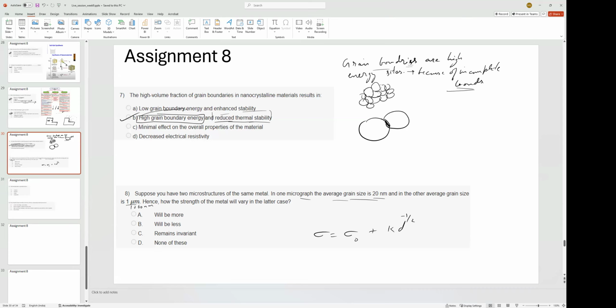So this is your D1, your D2. Since D1 is less than D2, sigma 1 will be greater than sigma 2. Your strength will be larger for 1, so strength will be less for 2. Okay.